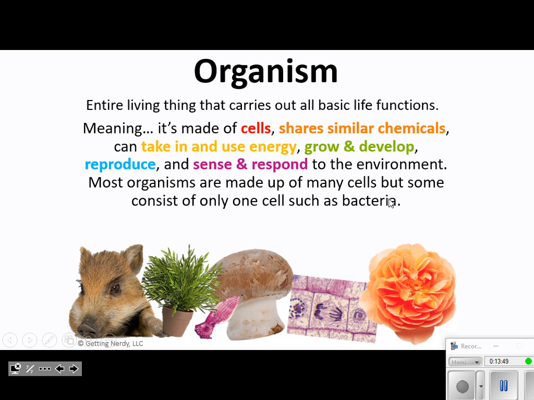Now, up on the board, we see some things in yellow and red, orange, blue, purple, green. What are those things? You should know these, right? The characteristics of living things. Living things are made of cells. They share similar chemicals.